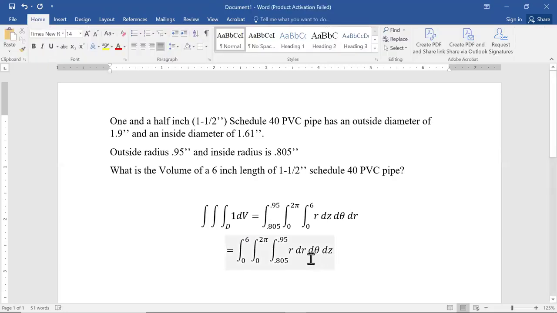So if I want to go r first, then r goes from 0.805 to 0.95, z last, 0 to 6. I think this is how I will integrate.